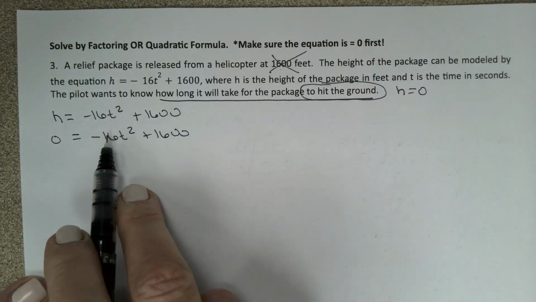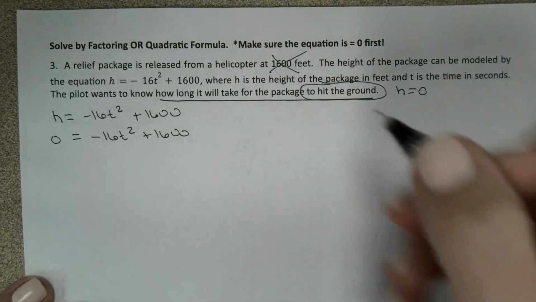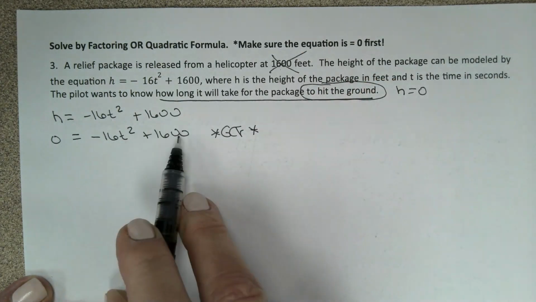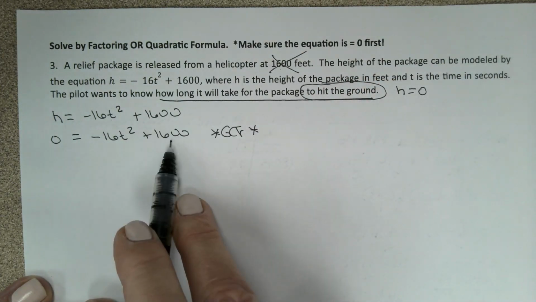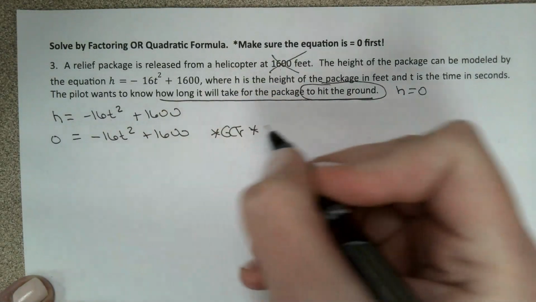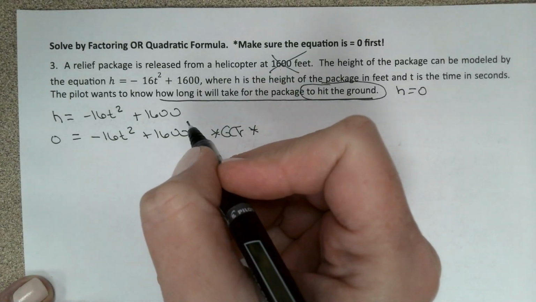On this one, you could do a couple of things. This actually factors best using the GCF because I recognize that that's a 16 and this number starts with a 16.